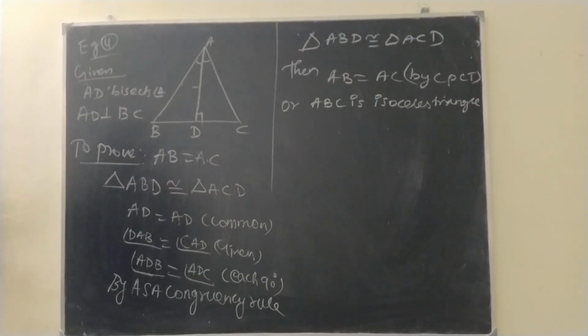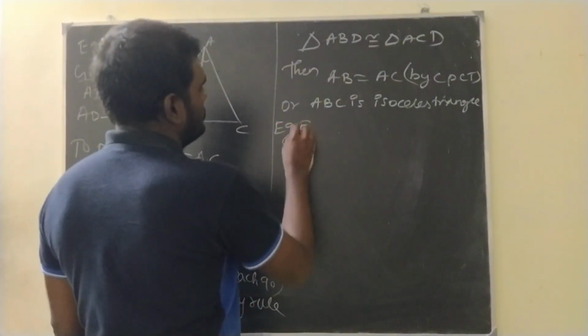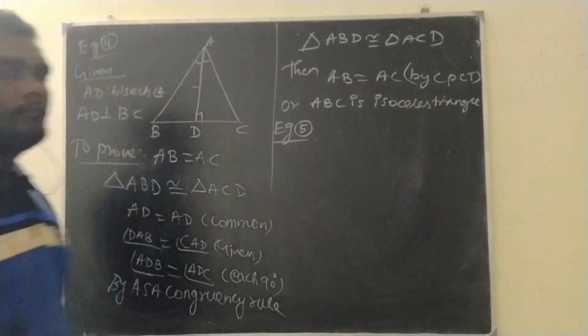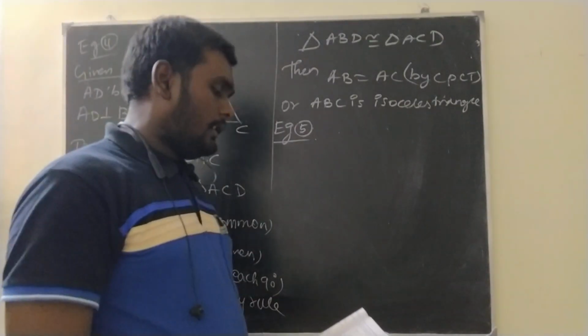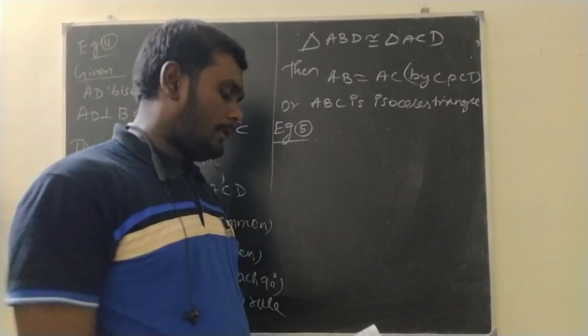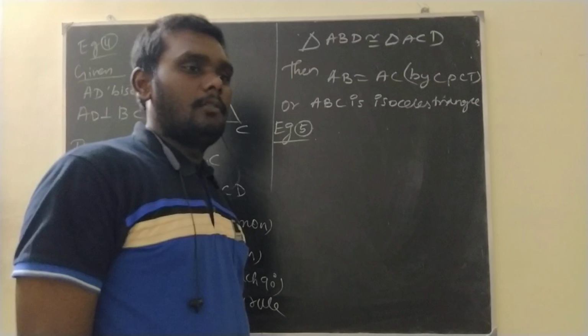Next, example 5. What is there in example 5? E and F are respectively the midpoints of equal sides AB and AC of triangle ABC. Quite confusing, right?